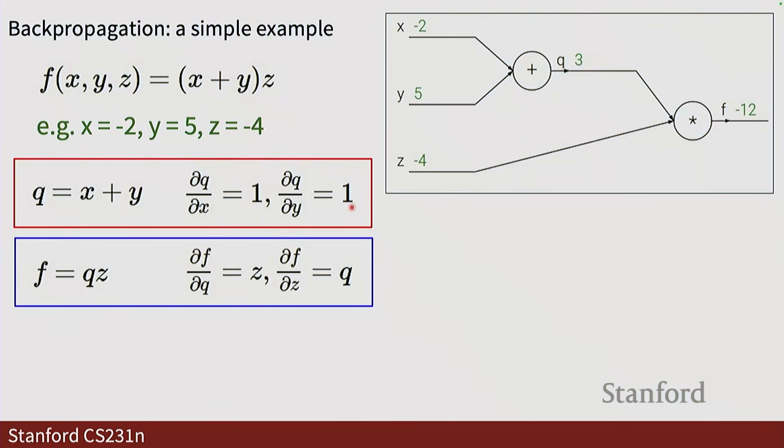Then the second operation is f equals q multiplied by z. Again, since we have this function, it's very easy to write the partial derivatives. Partial f by q equals z, and partial f by z equals q.